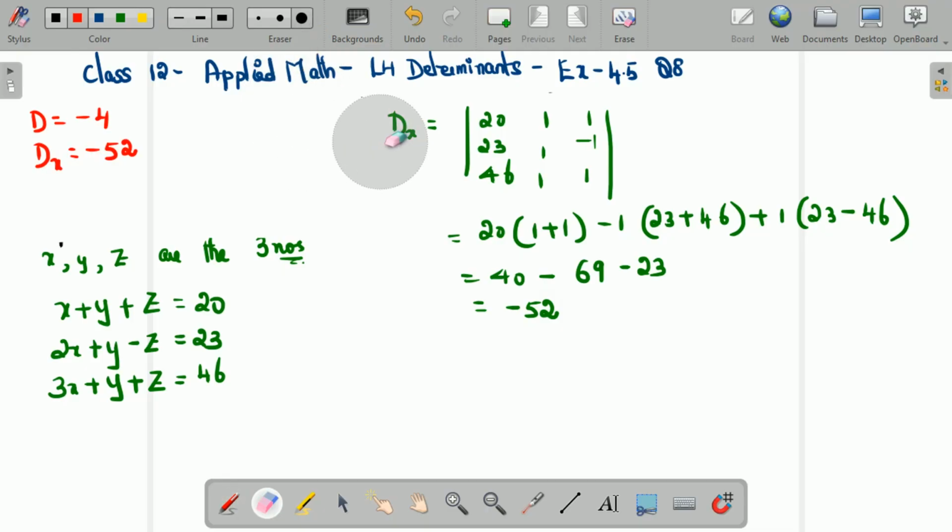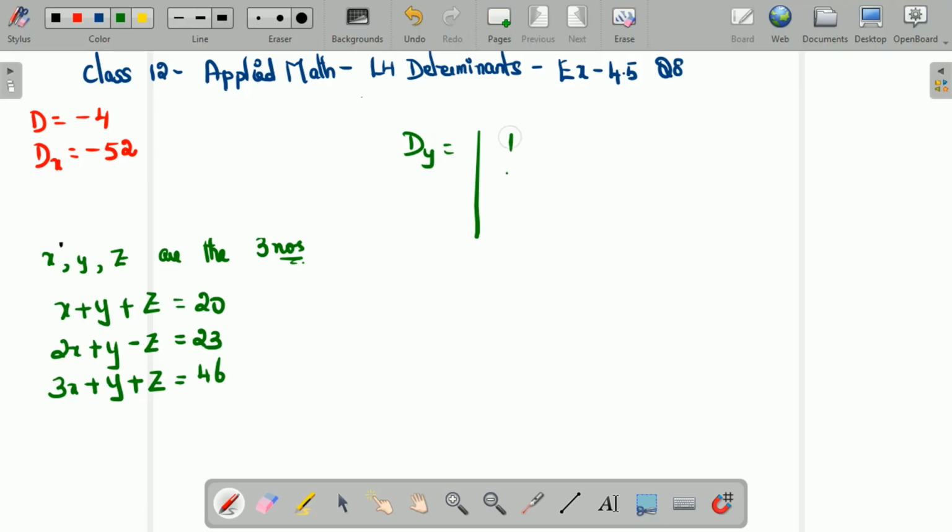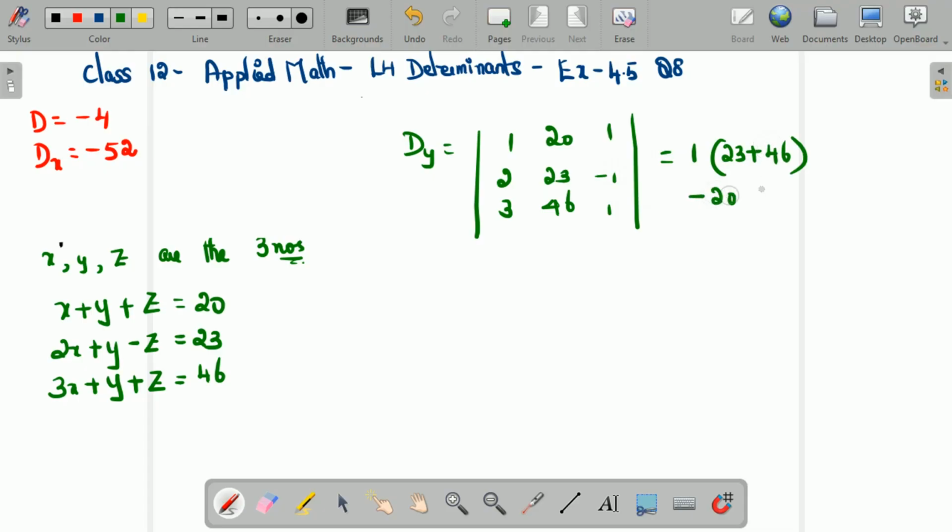Now let's compute Dy. It is going to be 1, 2 and 3, then 20, 23 and 46, 1, minus 1 and 1. So this is going to be 1 into 23 minus of minus 1 is plus, so this is going to be plus 46, minus 20 into 2 minus of minus 3 is plus 3, and then plus 1 into 46 into 2, so that is 92, minus 23 into 3, it is 69.